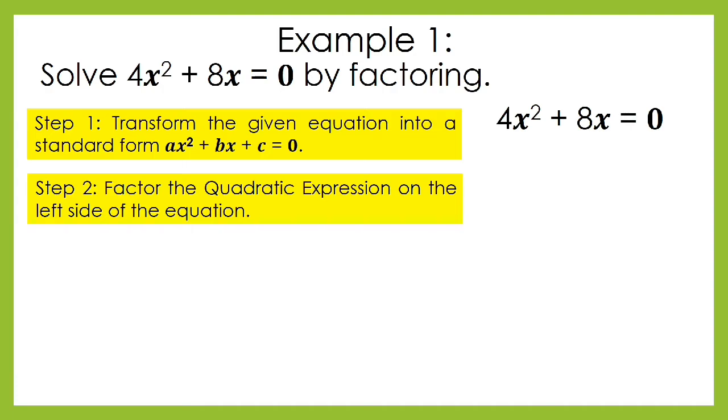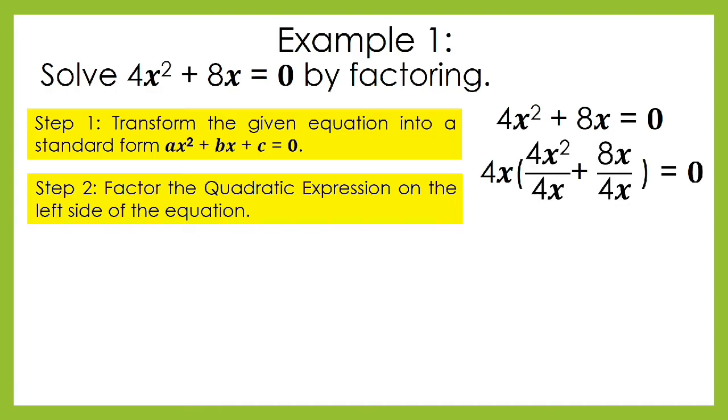Ang greatest common factor ng 4 at 8 ay 4. Ang greatest common factor ng x squared at x is x. Kung ano yung may mas mababang exponent, yun ang kukunin na variable. So, we have the first factor is 4x.